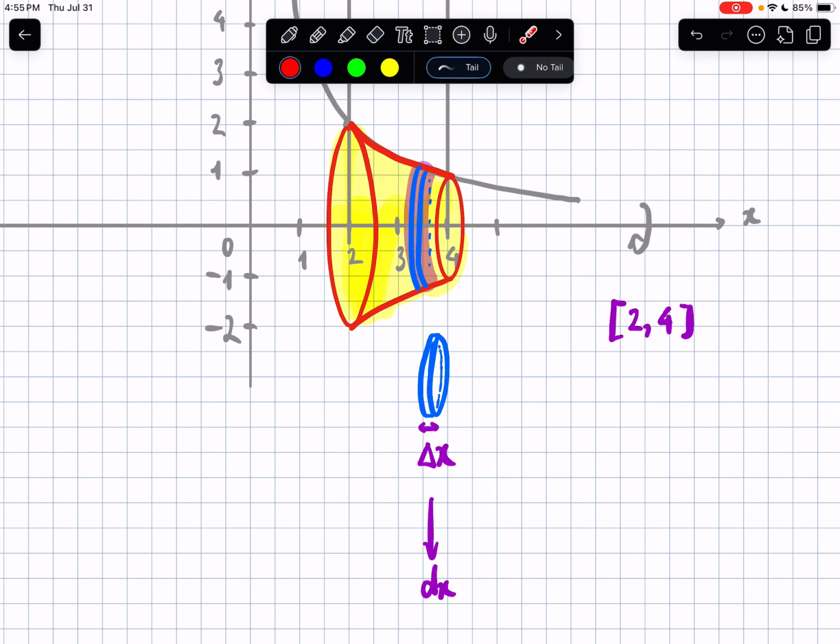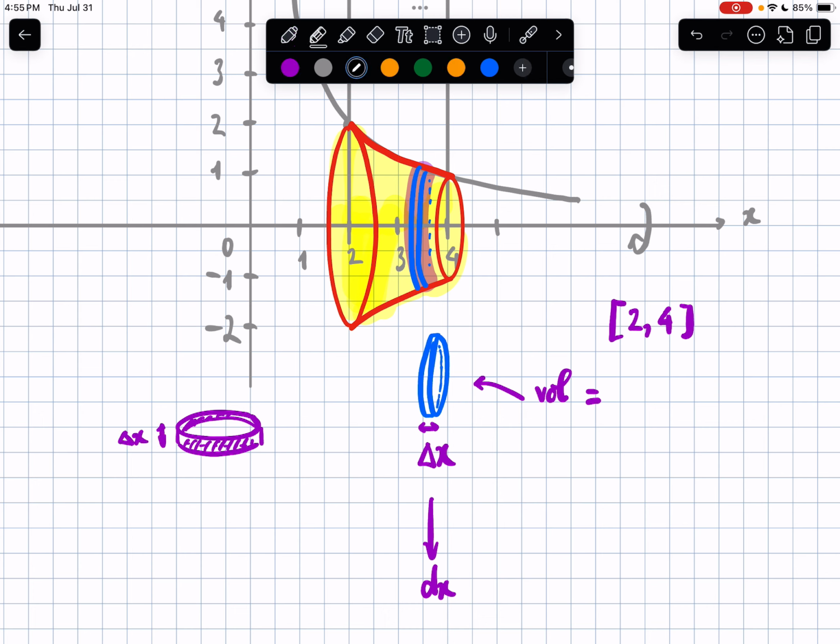The volume of this cylinder, as we know, the volume of a cylinder is the area of the base times the height. So if we look at the cylinder like this, so this is our cylinder. Then the height is delta x.